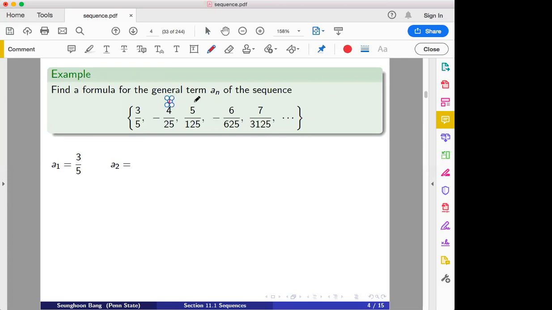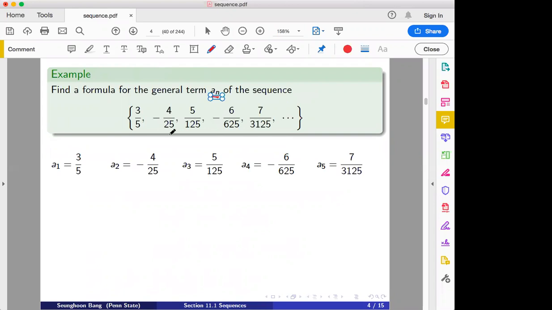Negative 4 over 25. A3 is 5 over 125. A4 is negative 6 over 625. A5 is 7 over 3,125, and so on. So how can you find the general term an?